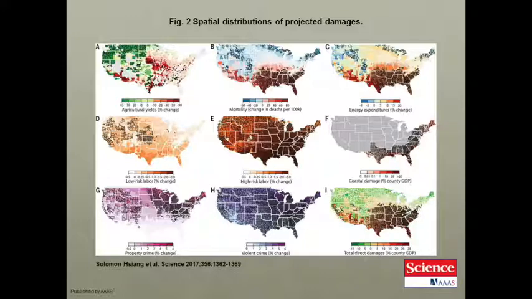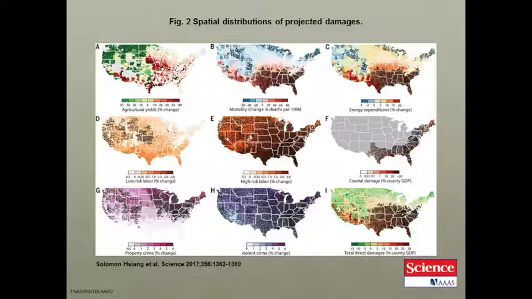And you see here, for example, the damages expected in agricultural yields, the damages expected in mortality, energy expenditures, coastal damage, crime, and so forth. So they analyze different variables to see how climate could impact different aspects of that society.